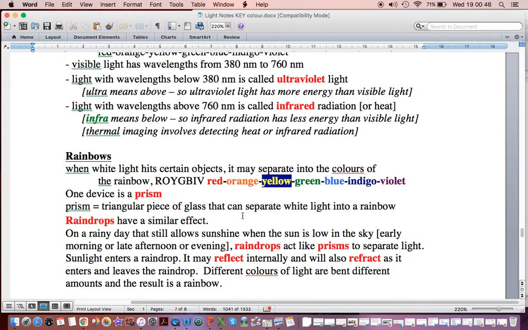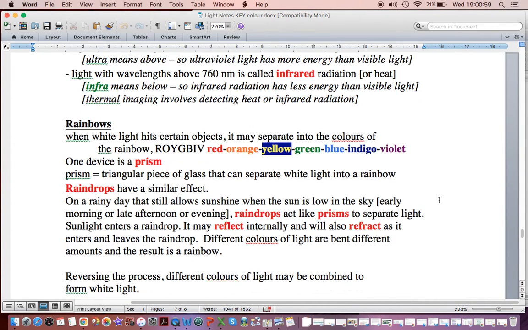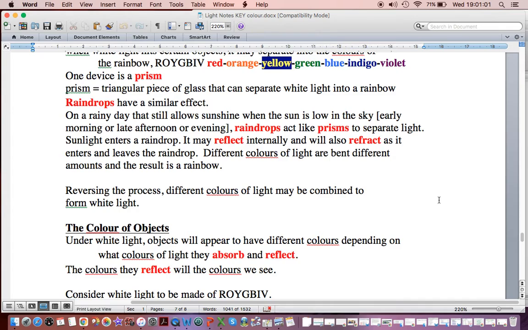And if you see a rainbow in nature, that means the raindrops essentially are acting like prisms, and the light will bend at different rates. We find the red bends less than the violet, and that's how it can separate light into the colors of the rainbow. And in fact, we can combine the colors to get back to white light.